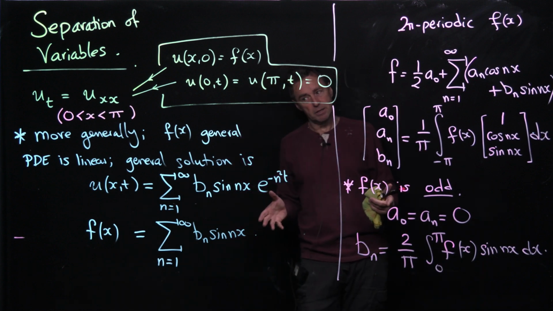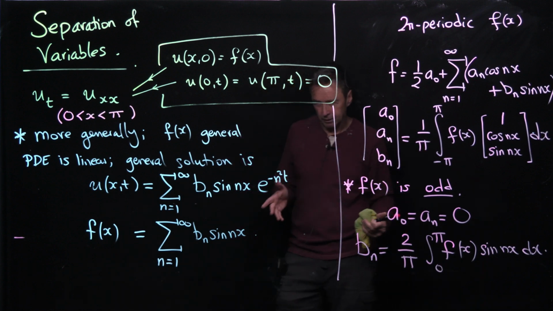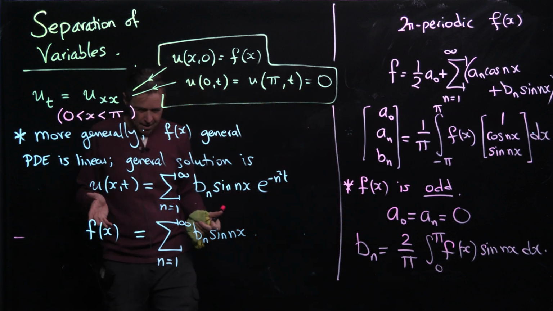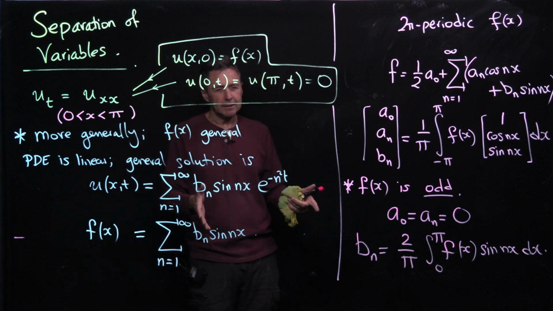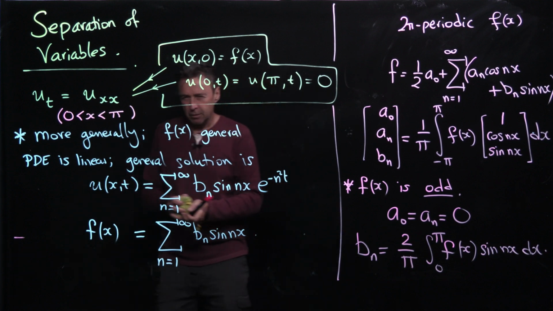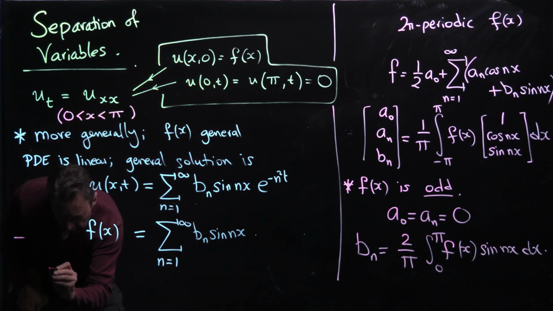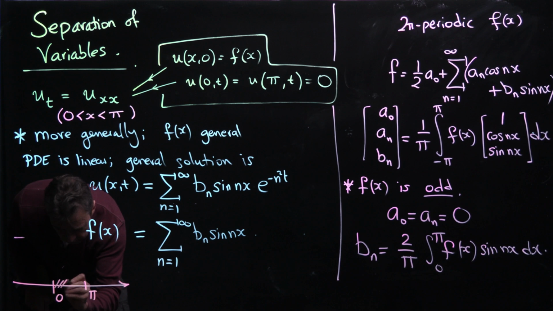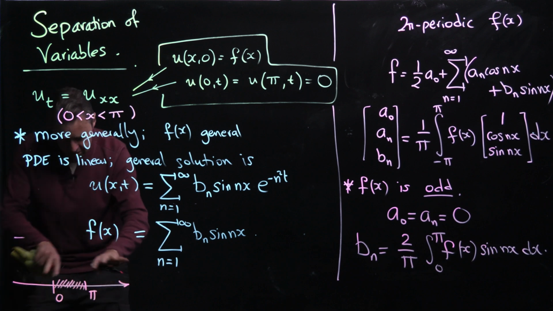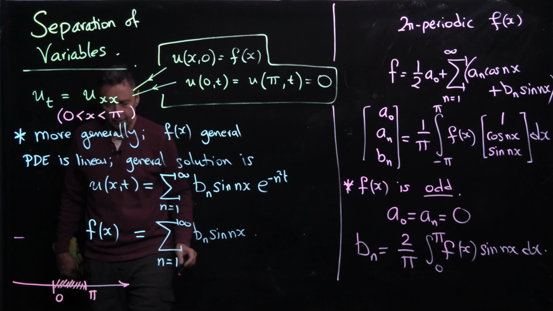Now maybe at this stage you are starting to have a feeling that we're going to play that game again, where we talked about extending functions. So here I've got my problem that's defined between 0 and pi. This is where my PDE lives, and there's no information provided outside that.